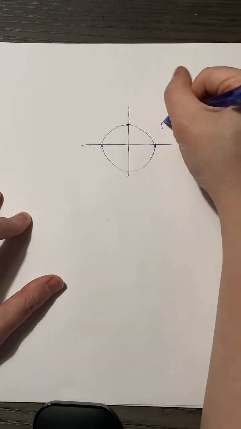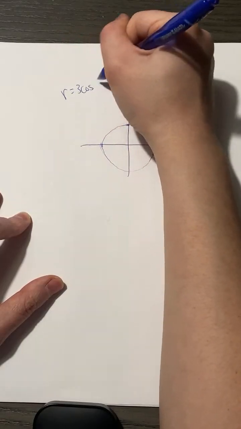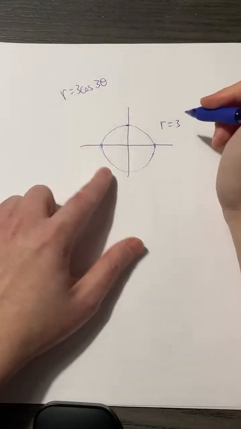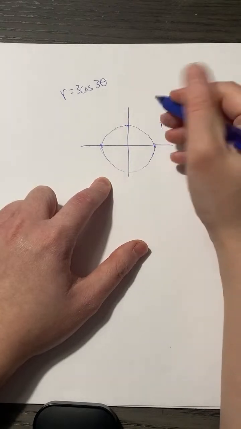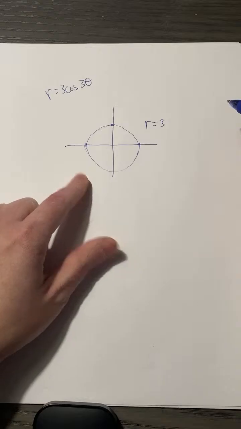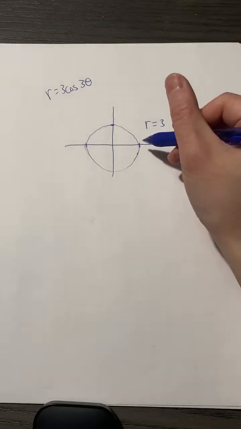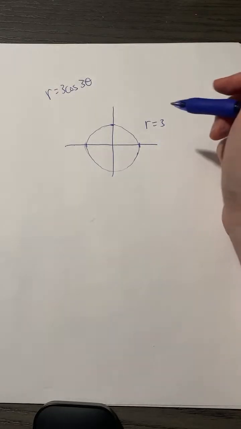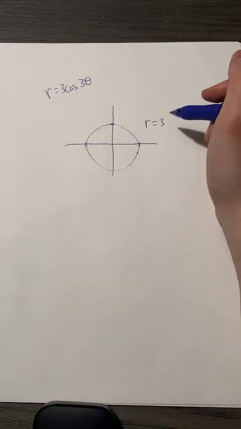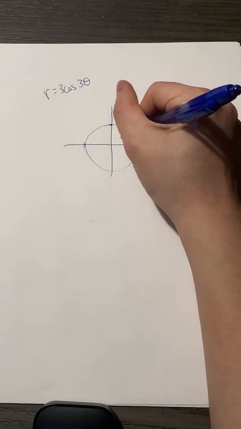So we have r equal to 3 cosine of 3 theta. But notice how I draw it slowly. Again, as Owen pointed out, how the loops are drawn, it goes counterclockwise. So it starts drawing like this.